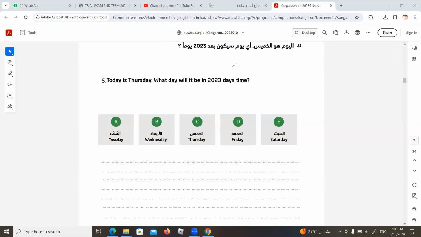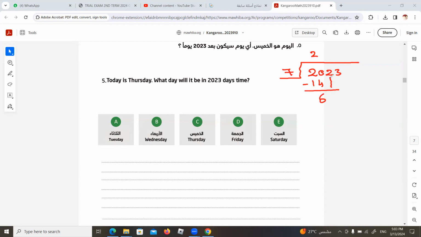If we have a problem like this, we will go by sequence. In each week, we have how many days? Yes, 7 days. So I make a long division of the total number of days, 2023 divided by 7. 20 divided by 7 equals 2. 2 times 7 is 14; subtract and you get 6.